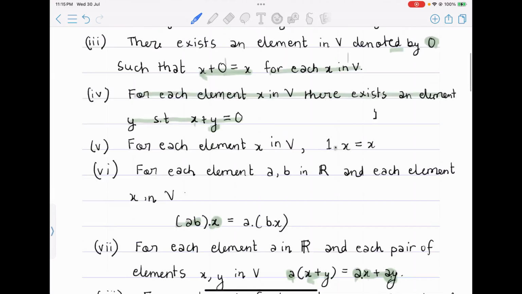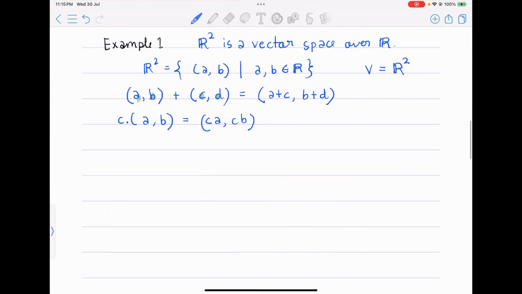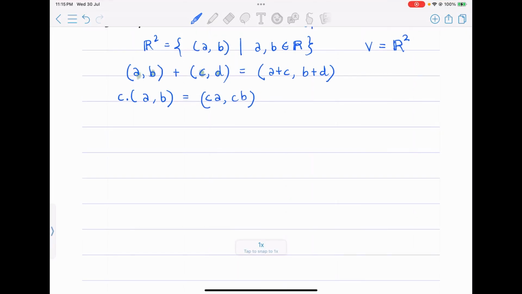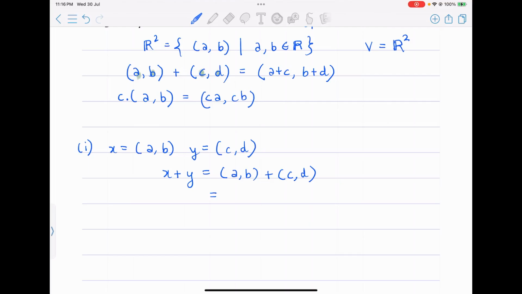x plus y is equal to y plus x. Okay, so how will you check that? Let's say x is our (a, b), and for the first axiom, y is equal to (c, d). So x plus y is equal to (a, b) plus (c, d), which is (a plus c, b plus d).